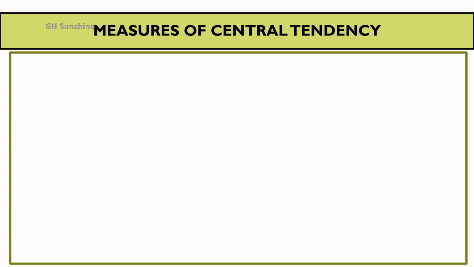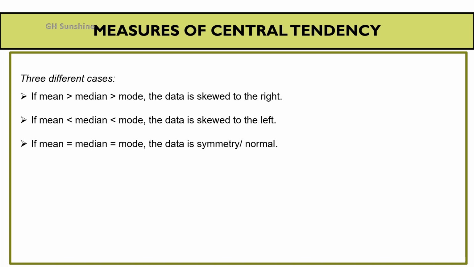So three different cases here. If mean greater than median and greater than mode, distribution is skewed to the right, or mean greater than mode. So data is skewed to the right.